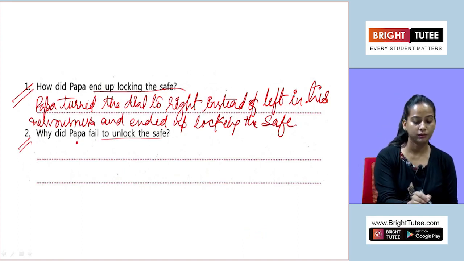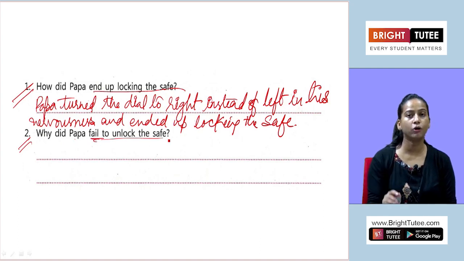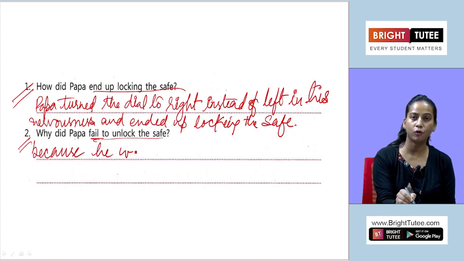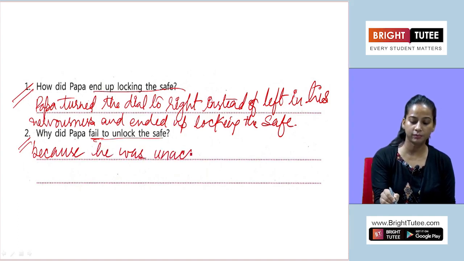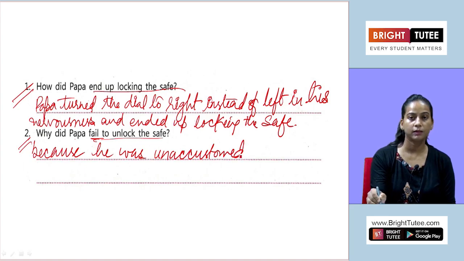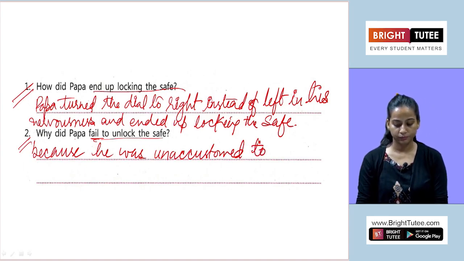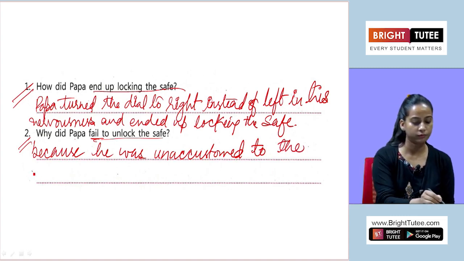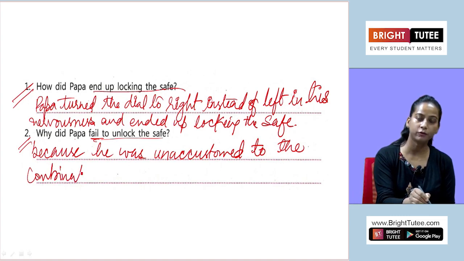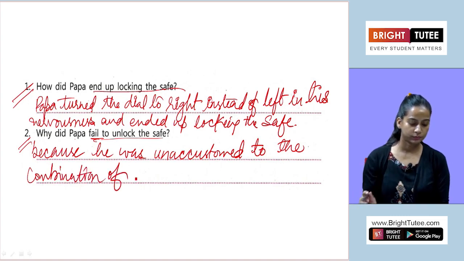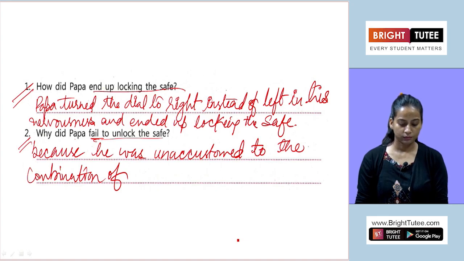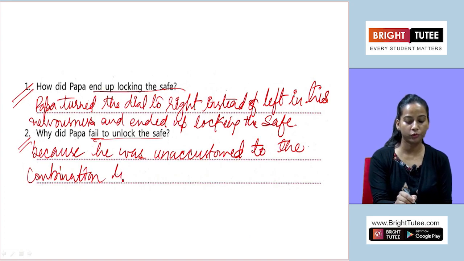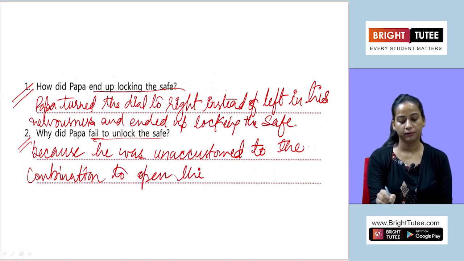So we'll mention here, Papa failed to unlock the safe because he was unaccustomed to the combination to open the safe.